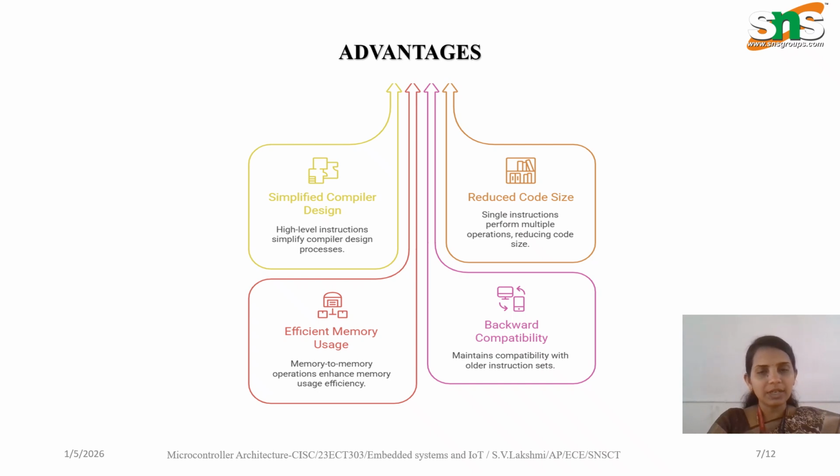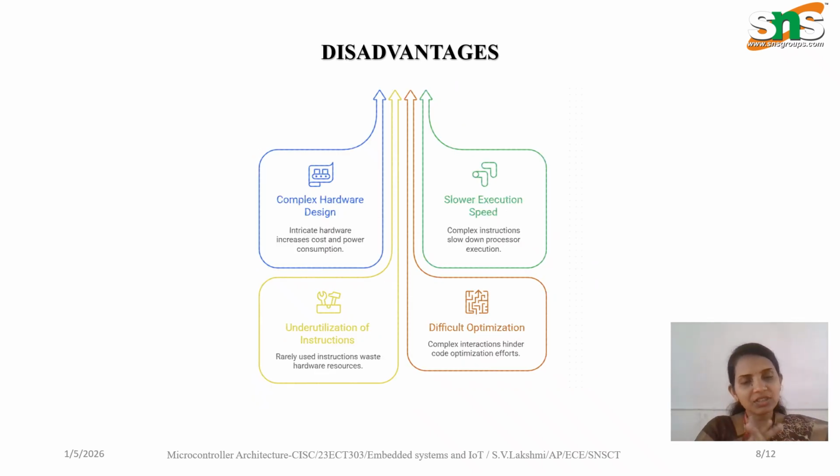So these are the advantages. And the disadvantages are complex hardware design, slow execution speed, and that it is very difficult to optimize, and also understanding the instructions is a little bit complex here. So these are the disadvantages of the CISC architecture.